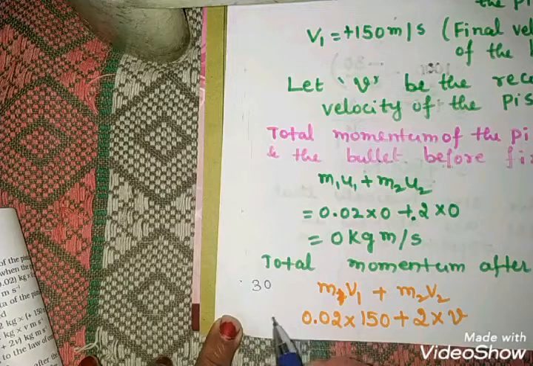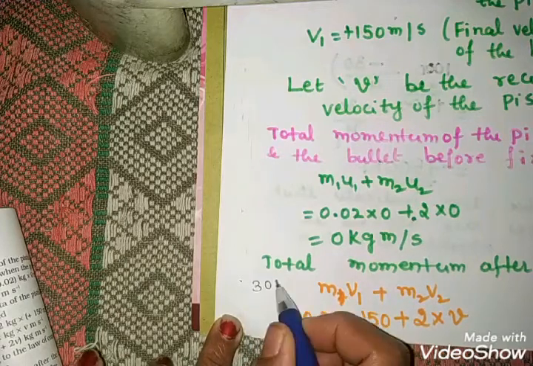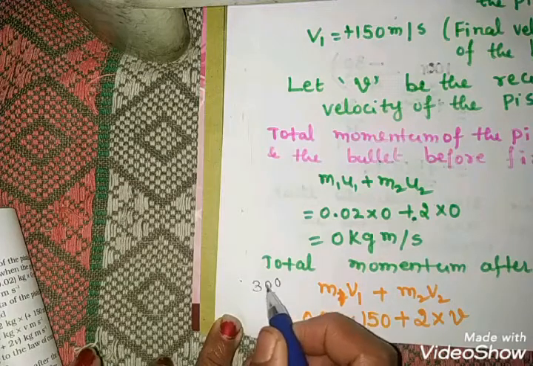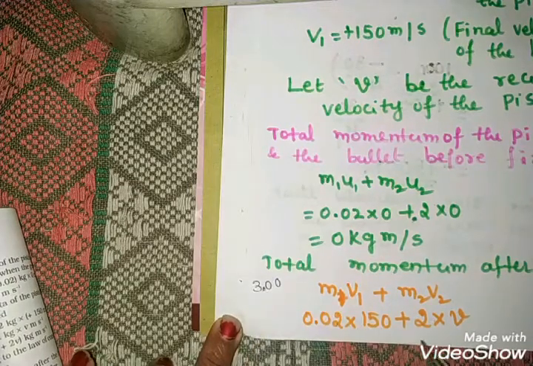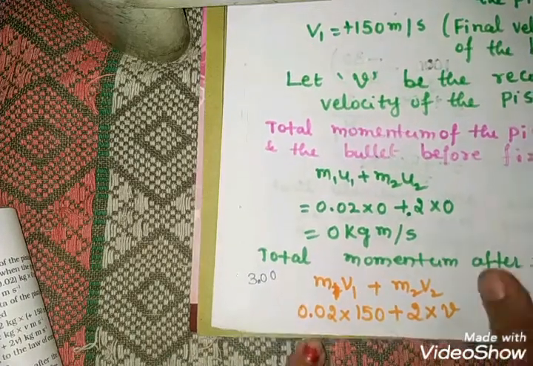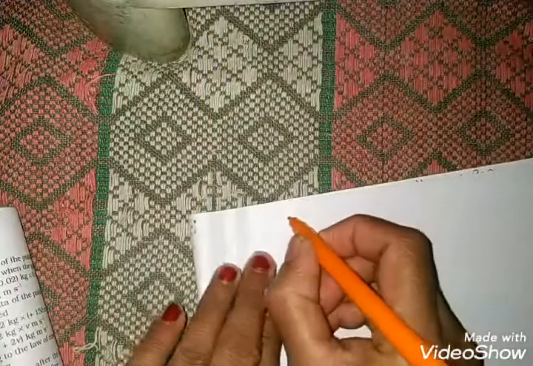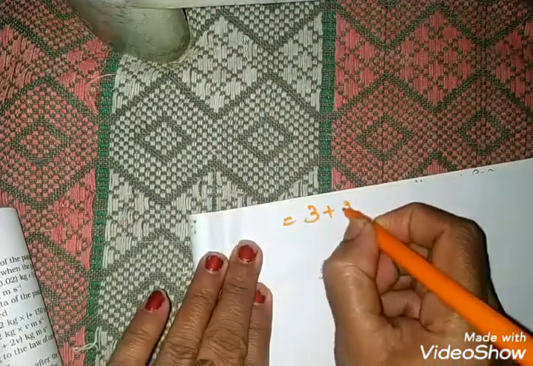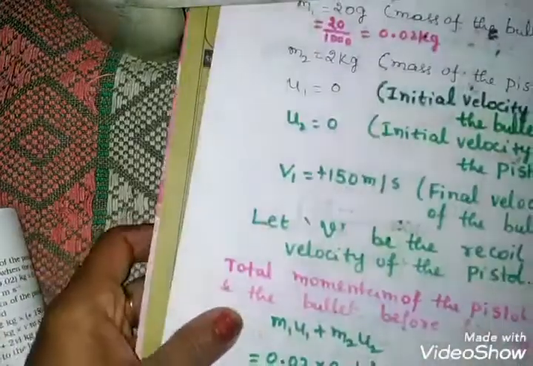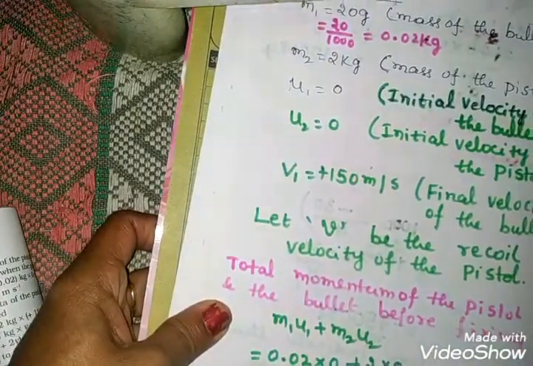After the point there are 2 digits, so we get 3. So 3 plus 2V, 2 into V, 2V. That is equation number 2, and this is equation number 1.